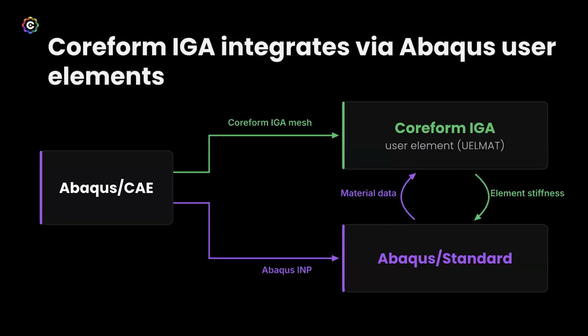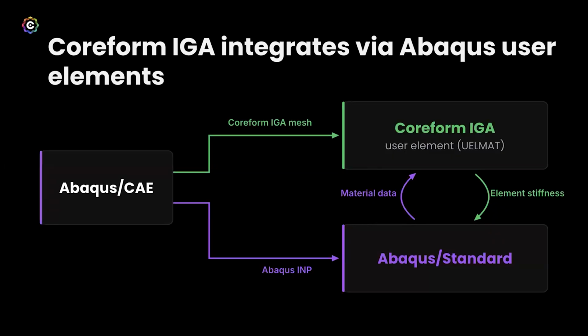And then we integrate this mesh into Abaqus via a user element. So from a user perspective, if you're in Abaqus CAE and you submit your job, there are two things that go off. One, we run Coreform IGA mesh, which is our proprietary technology that builds that trimmed spline mesh. That produces databases that supply a user element library that we ship with our product.